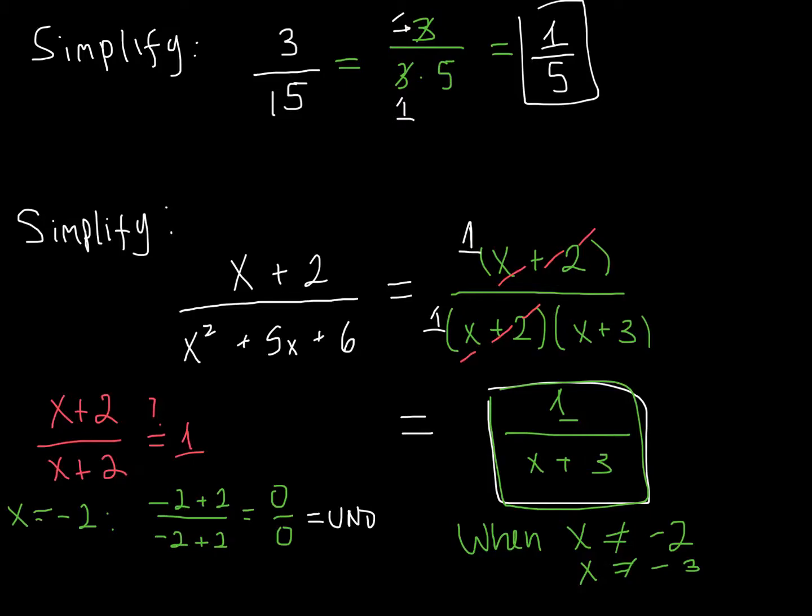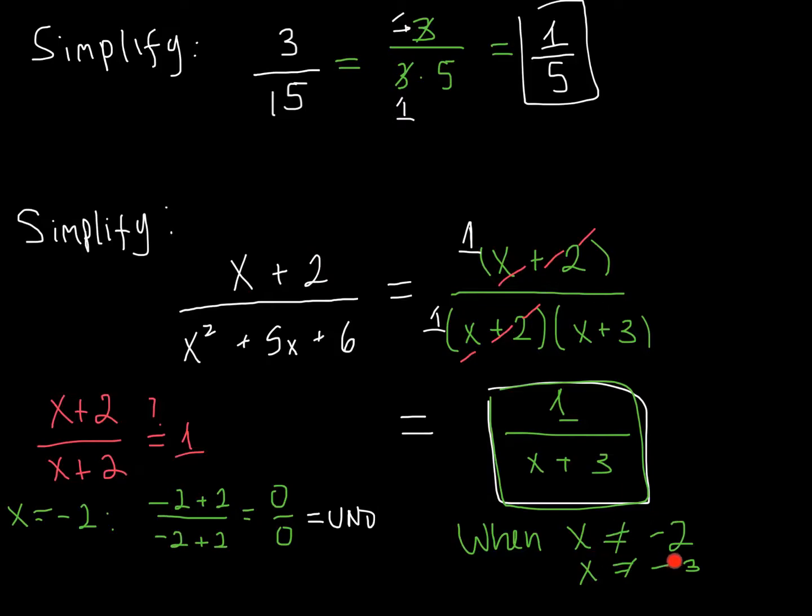And so when I'm simplifying, I have to be careful, because I can't just cancel (x + 2)/(x + 2). It's not always 1 over 1. There's that one excluded value when x is equal to negative 2. And so, for example, it would be inaccurate for me to say that I can always simplify this to this, because when x is negative 2, when I plug negative 2 in here, I'm going to get 0 over 0.